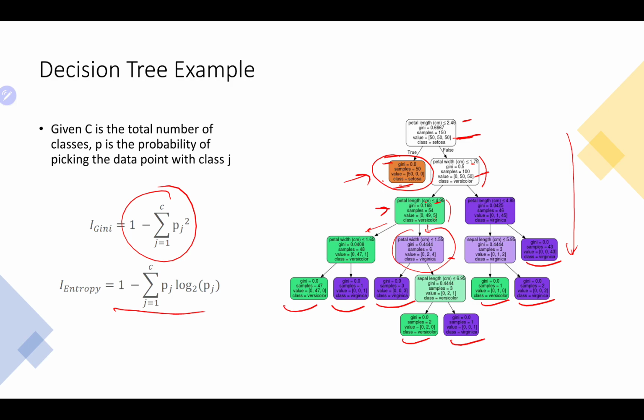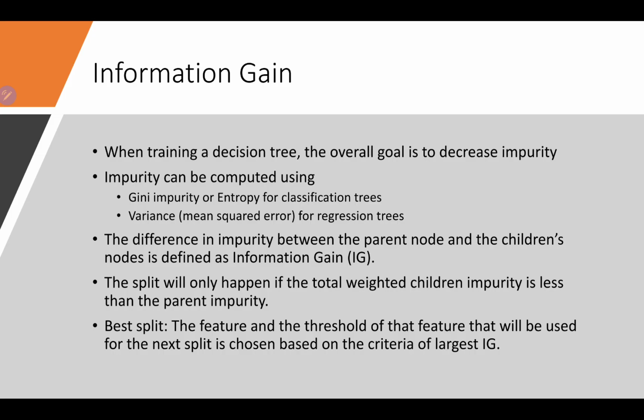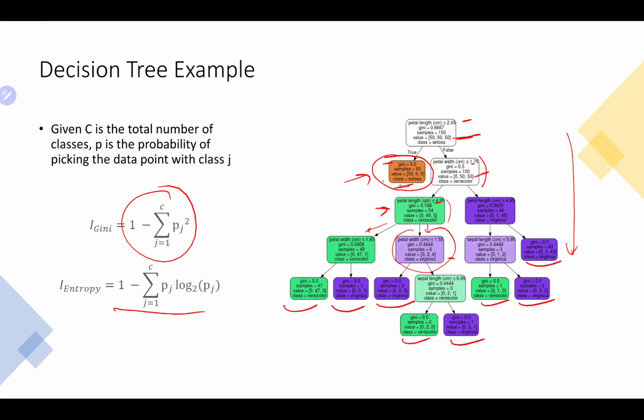But just a thing that I want you to realize here. So this Gini, the calculation of Gini or the entropy, is basically used together with the information idea. So these show us the information. And the difference between these two levels, this is called the parent, and these two here on this level are called the children, right?